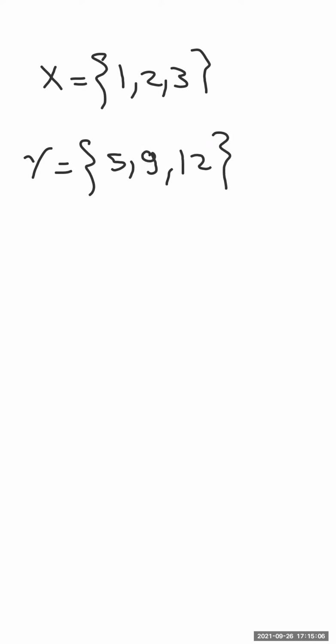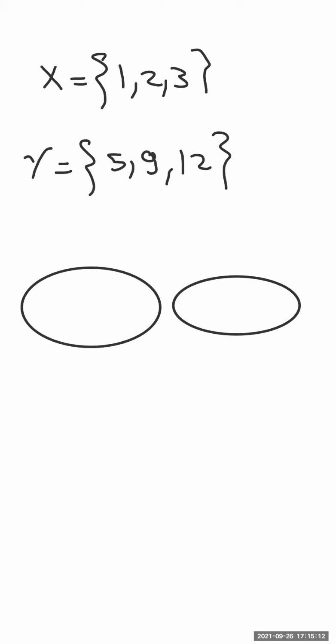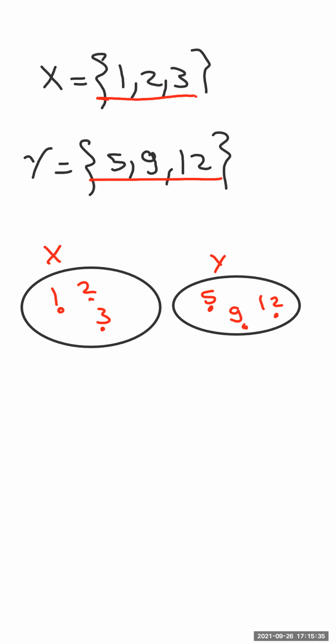Do we have any common elements between them? No. So this is X and this is Y, because there are no common elements between them. Simply write the elements 1, 2, 3, like that, and 5, 9, 12. They are not intersected, no common area between them, because the elements are totally different.